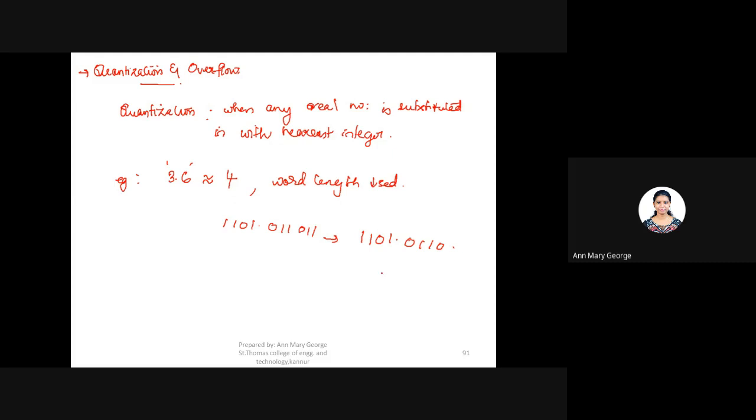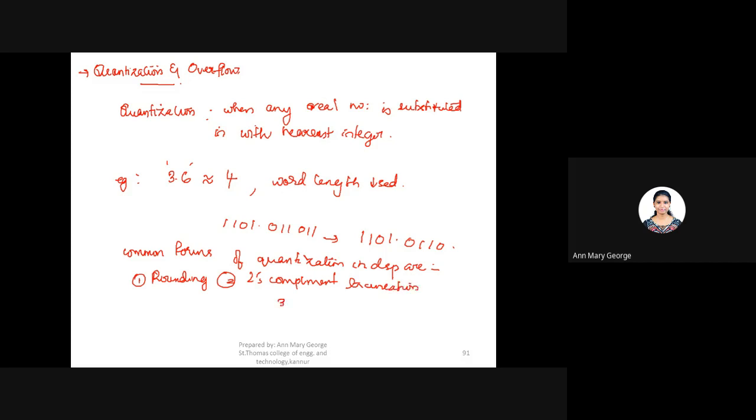And the common forms of quantization in DSP are: first one is rounding, second one is two's complement truncation, and the third form is magnitude truncation.